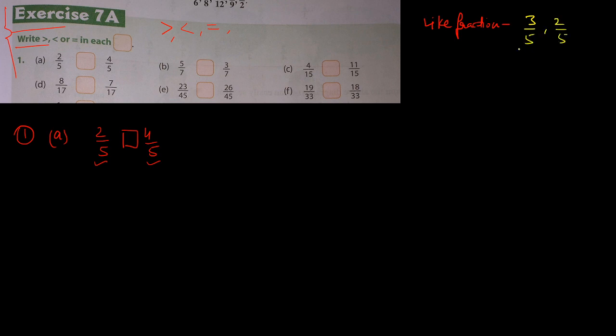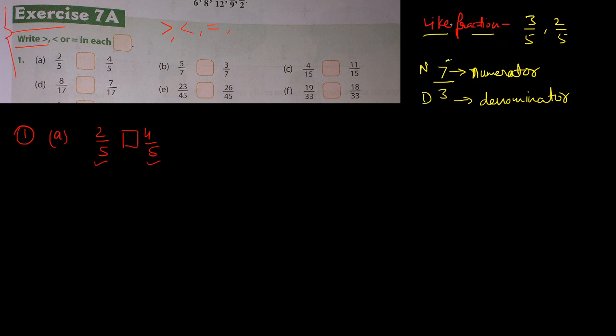In a fraction, for example, I have written 7 upon 3. The upper number is called the numerator, and the lower number is called the denominator.